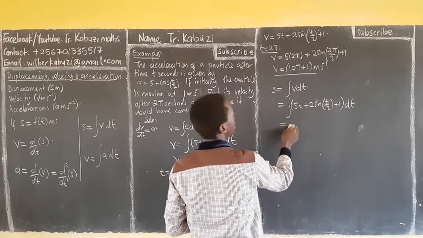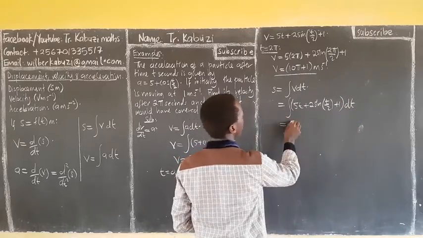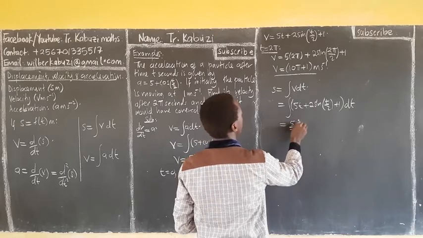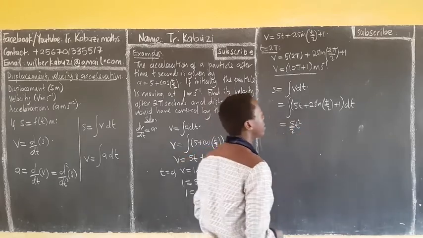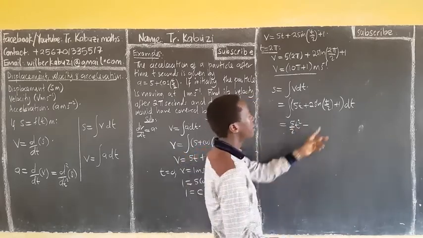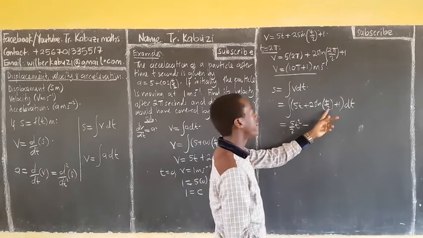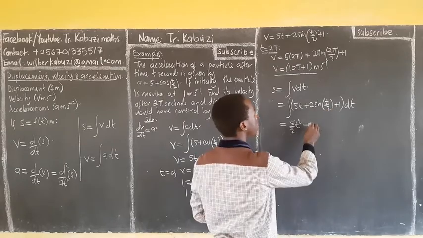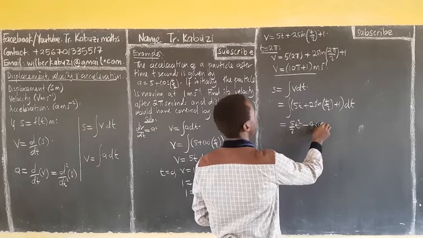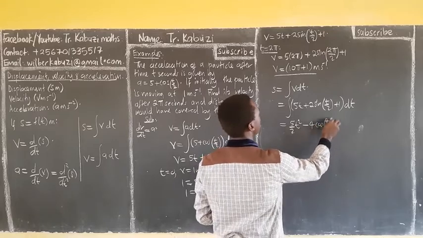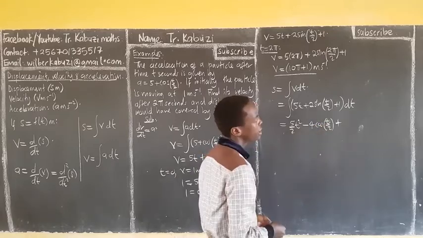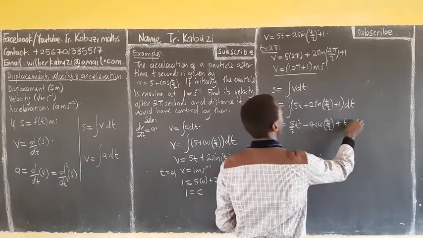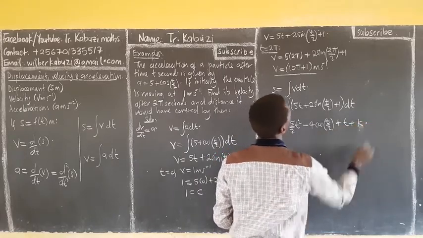So can we integrate? This will give me 5 over 2 t squared. When you integrate sine, you get a negative cos. When you differentiate this angle, you get a half. This also equals 2, times this 2, you get 4. Then cos of t over 2. Then when we integrate 1, you get t. Then plus a constant of integration.